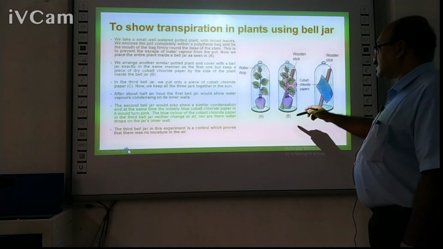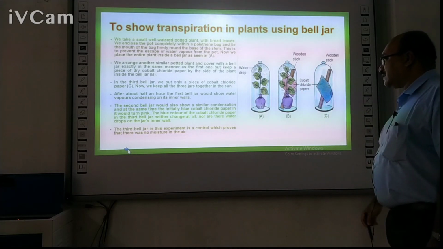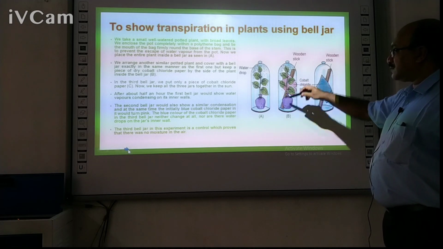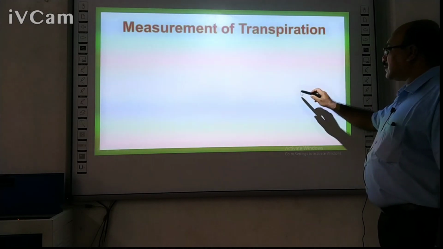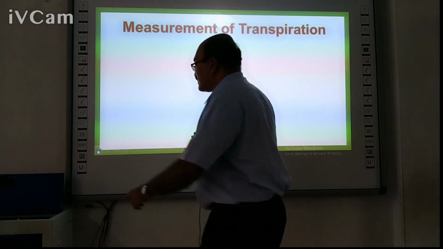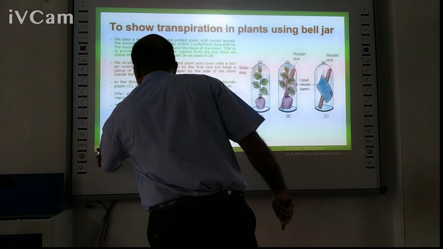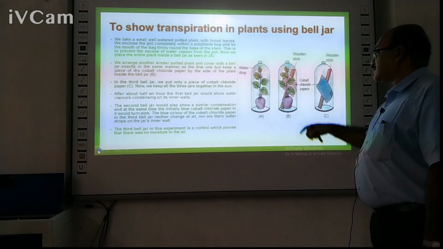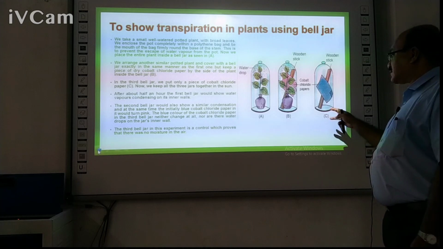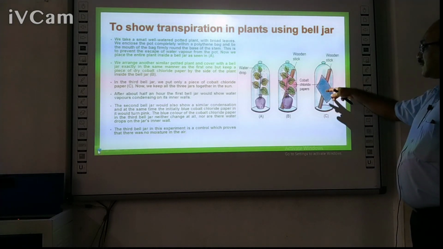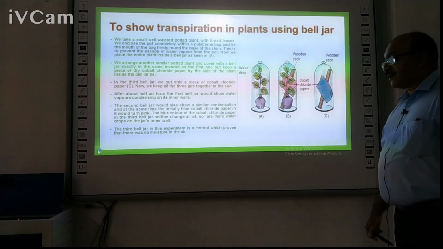In the second one, the same type of setup is there, but inside we have a wooden stick, and on the wooden stick we have cobalt chloride paper. In the third one, there is no plant, only the wooden stick and the cobalt chloride paper.